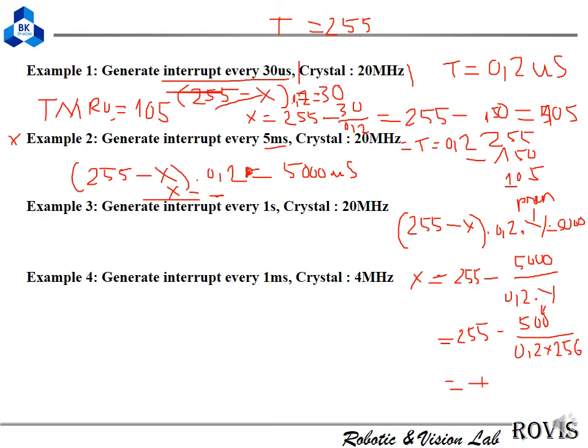So we will get the number for x, and this is the initial number for timer 0. That's the equation that you have to remember. And example 3 and example 4 are similar.